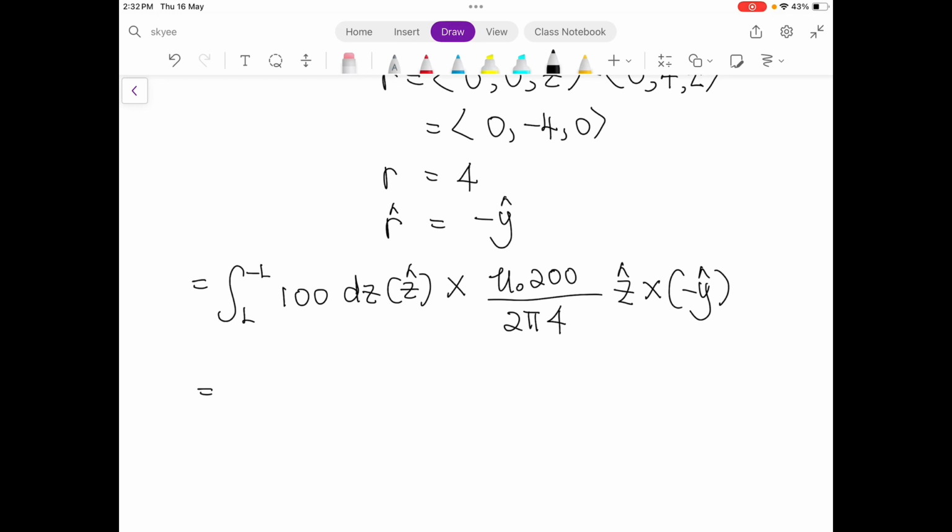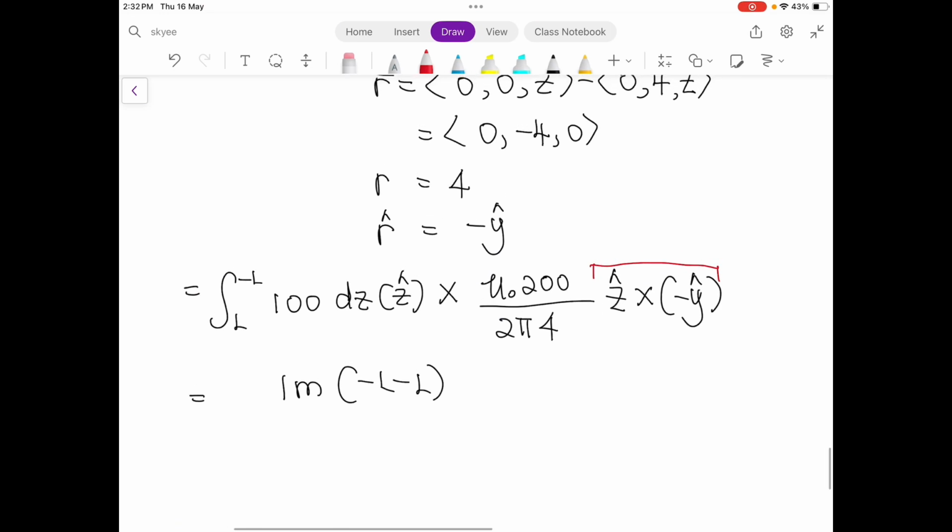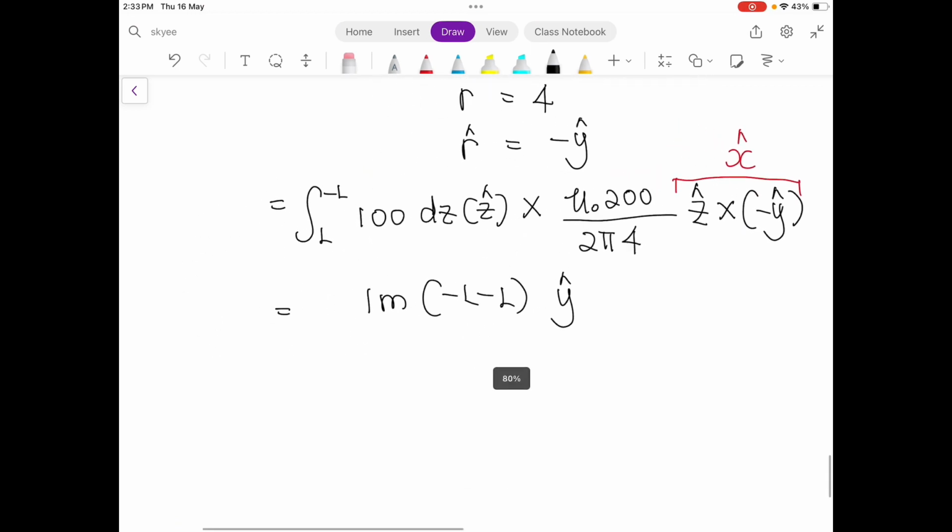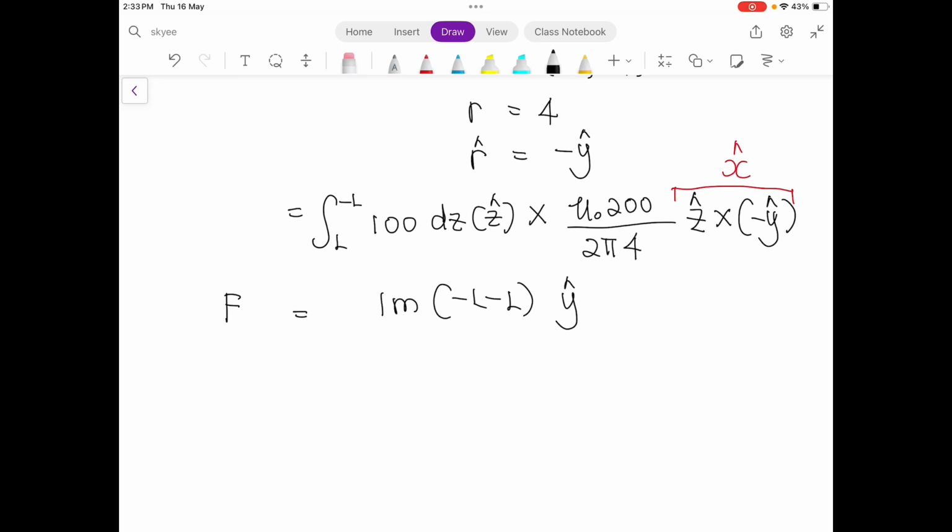So this is 1 milli, 1 milli multiplied by negative L minus L. ZY gives you negative X, negative, negative becomes positive X. So Zx equals positive Y. This is your F1, right?